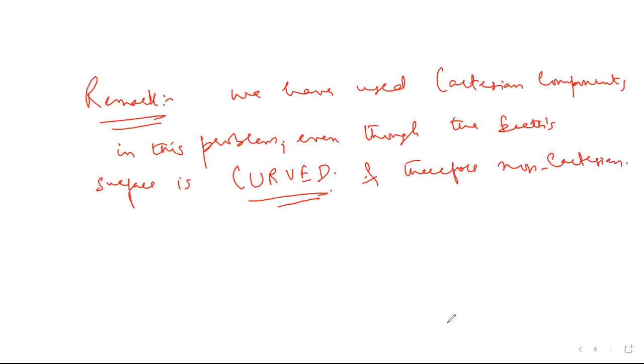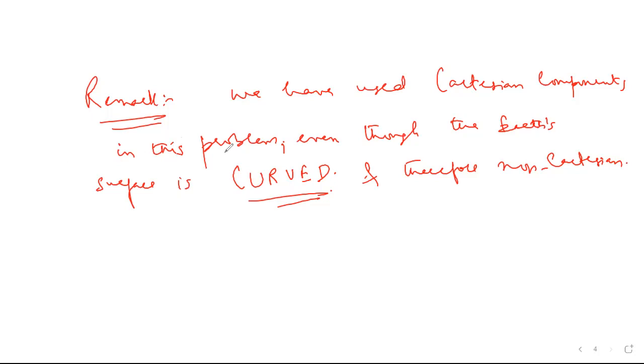We are using Cartesian components even though the Earth's surface is curved. That means Earth's surface is non-Cartesian. For example, a plane starting on the equator and flying northeast will eventually be due north of its starting point, which could never occur in a flat coordinate system, right?